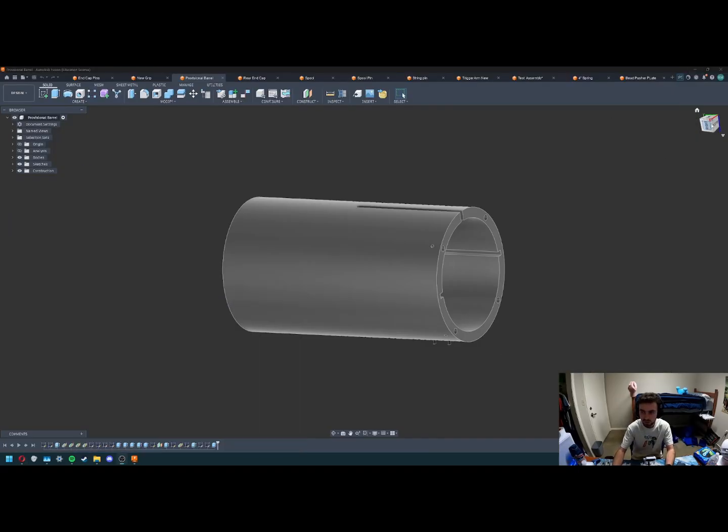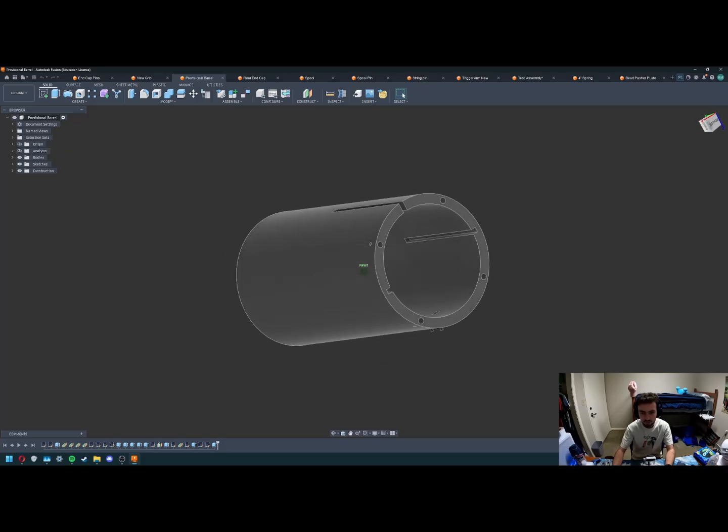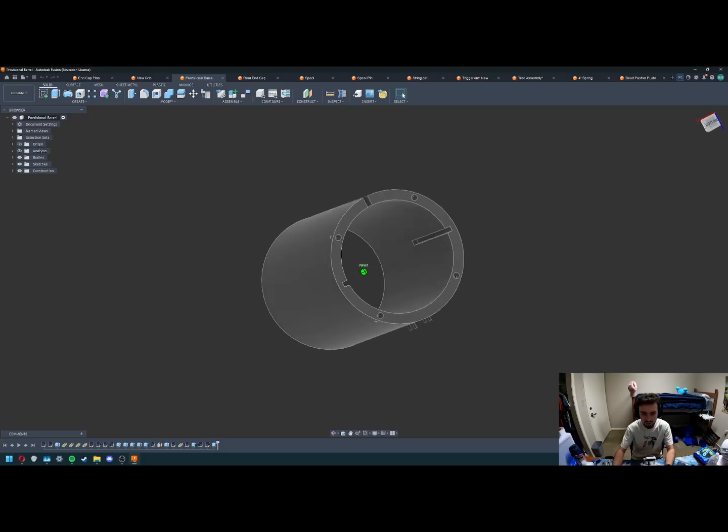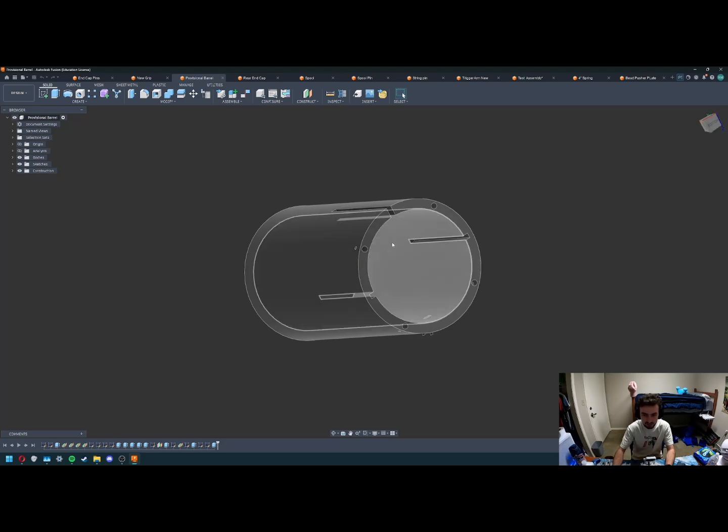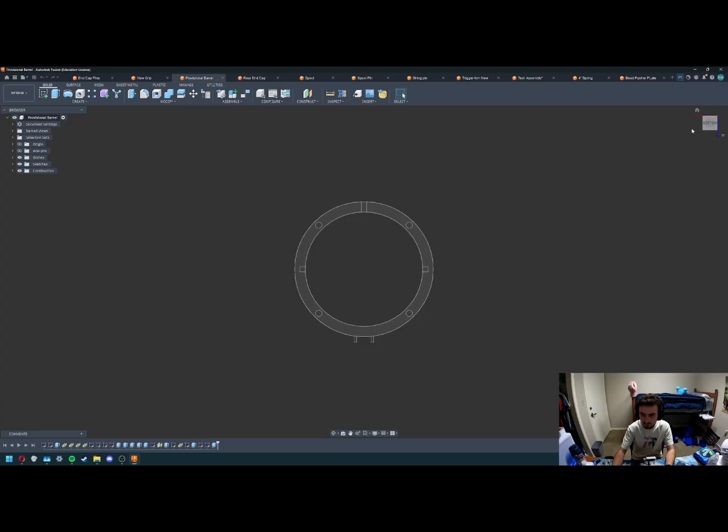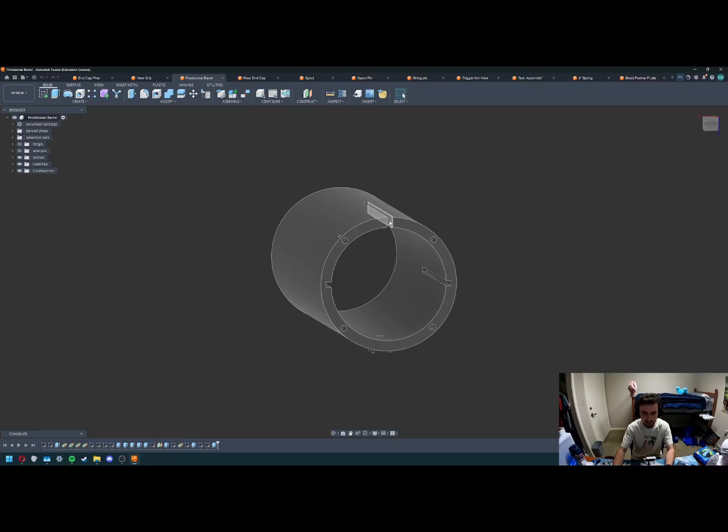Now, in terms of actually designing it, we started off with the barrel, which was, as you see, just a circle that was extruded, and then we cut out a part in the center, and we have these channels right here, as these two on the side and the one on the top, that would guide the bead pusher plate and prevent it from rotating or going up and down or side to side in ways we didn't want it to.